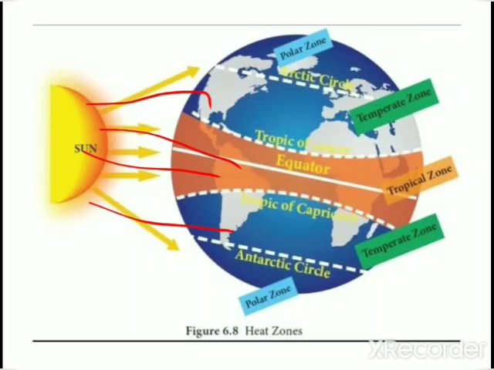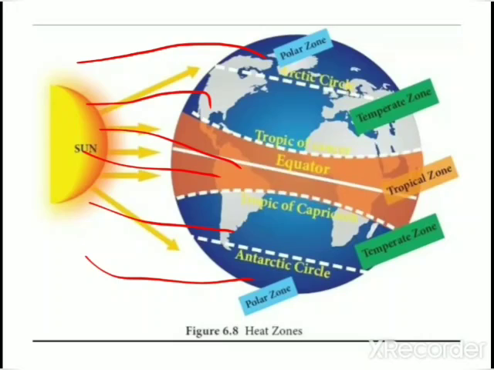The next is the frigid zone. This zone lies beyond the Arctic Circle where the sun's rays are extremely inclined. So it is not affected by the sun's rays at all. Due to this reason, the frigid zone remains frozen and it is the coldest part of the earth.